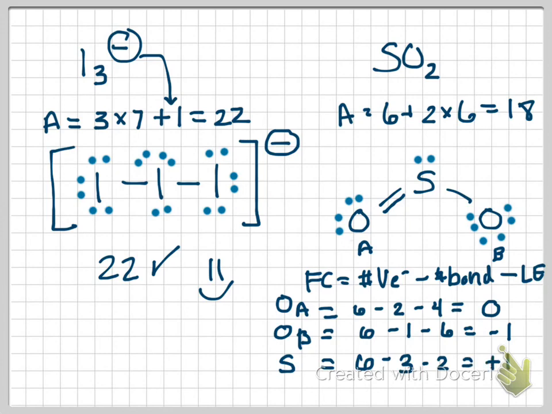So if I go put my formal charges on my structure, then I have a sulfur with a +1 formal charge, and my oxygen here with a -1 formal charge. Molecules are the most stable when the formal charges are 0, or if there is a negative formal charge, that the negative formal charge is on the most electronegative atom.